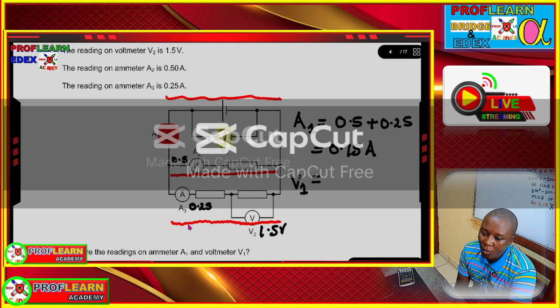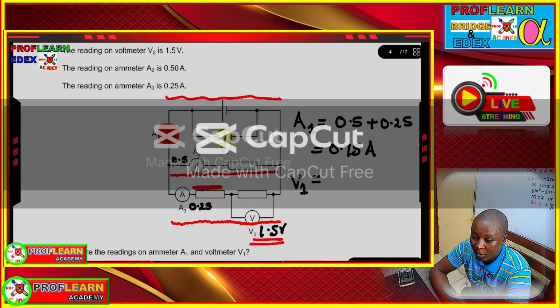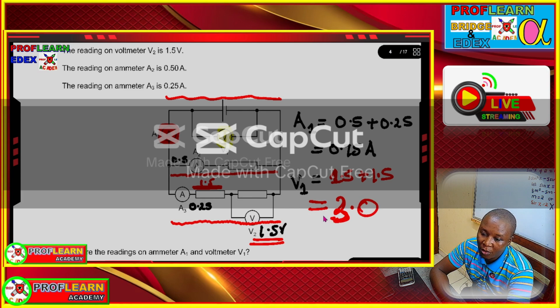Then we can say the voltage drop across the resistor next to V2 is going to be 1.5. So if we add 1.5 plus 1.5, we get 3.0 volts. Since the connection that we have here is in parallel, we are going to have the same voltage.